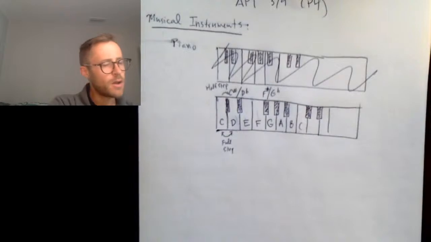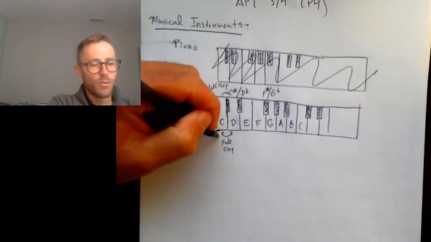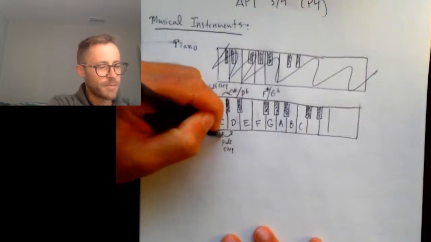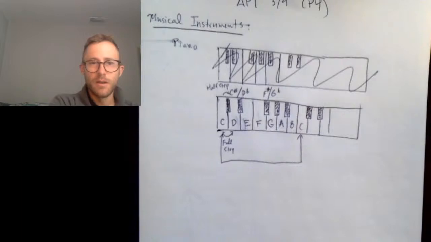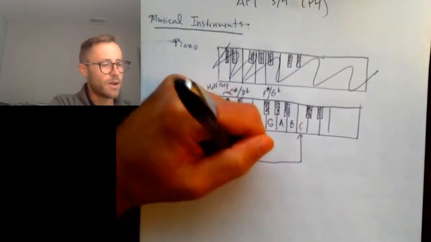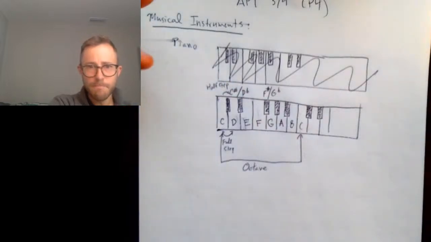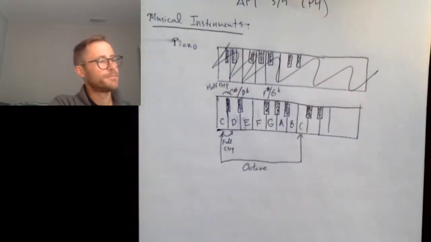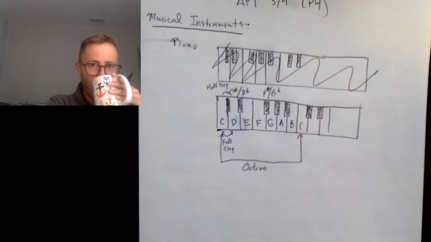If we go from one C to the next C, that is called an octave. And so that's a very important musical interval.